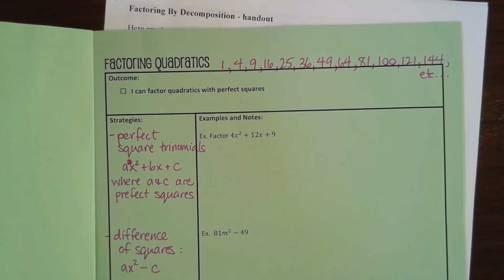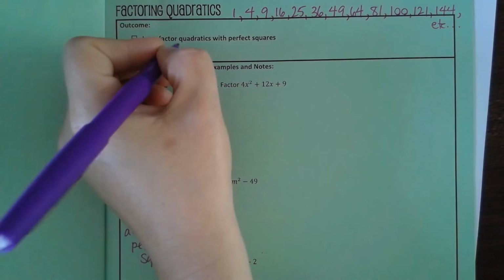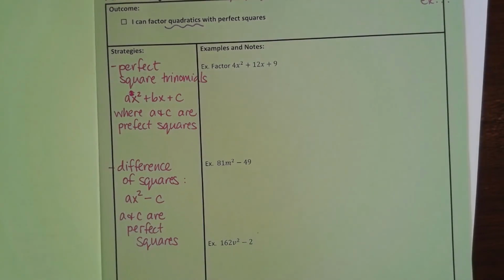Okay, so if we're going to factor, we're going to look for 2 different kinds of quadratics that have perfect squares. Not every number needs to be a perfect square, just 2 of them in specific.